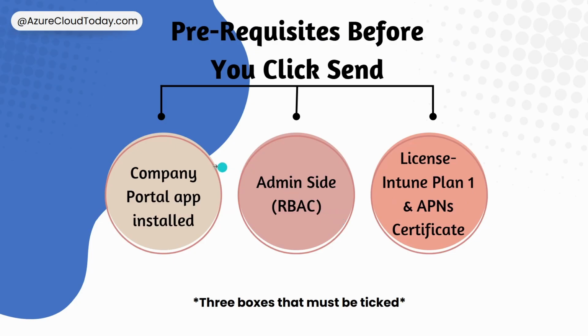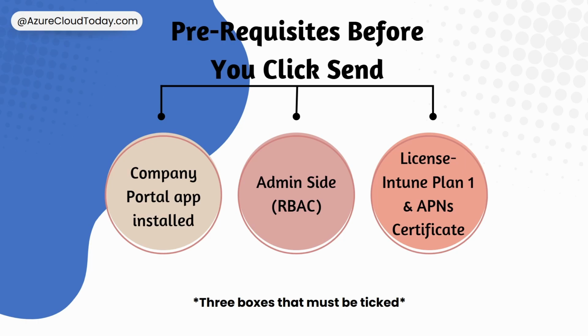Now, let's look at some quick prerequisites before you click send. First is that the device must have a company portal installed and they must have allowed the push notification service. An example of a notification can be that you get notification from WhatsApp that you received a message.